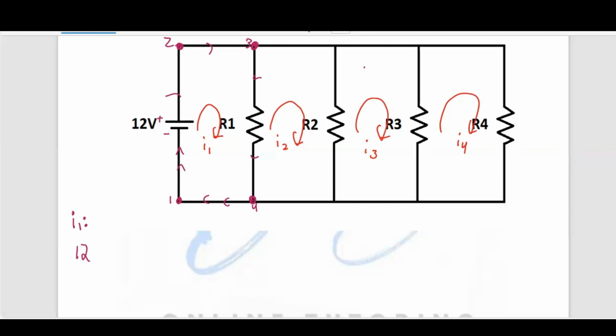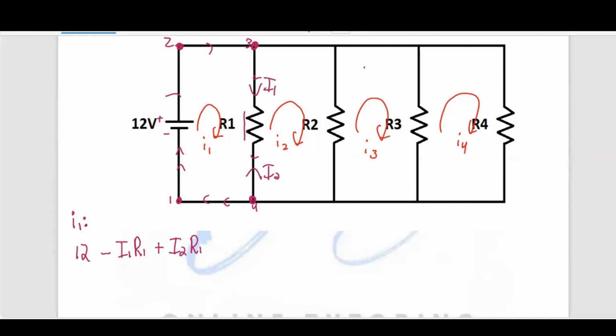So we need I1 going through here. It'll be minus I1 R1. And anything going in the opposite direction will be positive, so then we have plus I2 R1. That is what is happening here. I2 is going here, up, and I1 is going here.